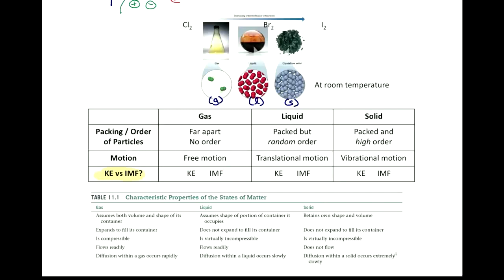Kinetic energy, yes. There's free motion, and the particles are bouncing off the walls. That means there's excess kinetic energy to overcome all of the attractive forces. So chlorine gas has only a small amount of attractive forces between its molecules.